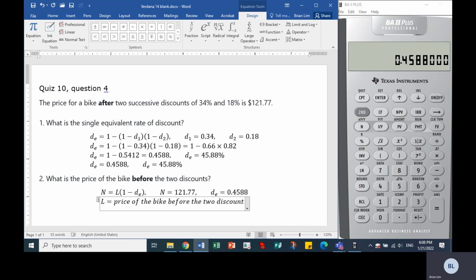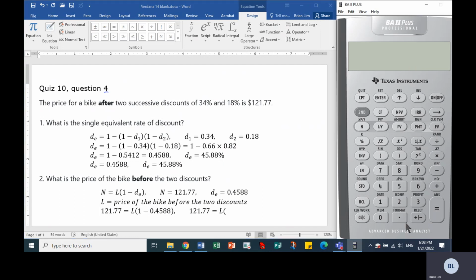So N is 121.77, and that's equal to L times 1 minus 0.4588. So 121.77 is equal to L times whatever that works out to be.